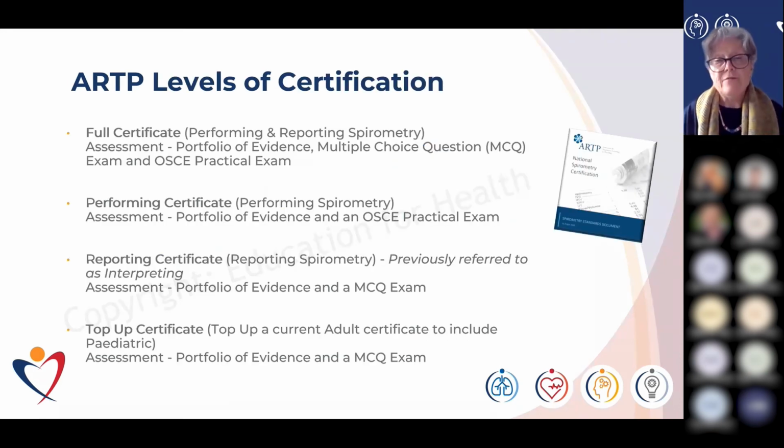So there are different levels of certification. The full certificate, that's performing and reporting spirometry, and the assessment requires a portfolio, an MCQ, multiple choice question exam, and an OSCE practical exam as well. But some people might not need the full certificate.